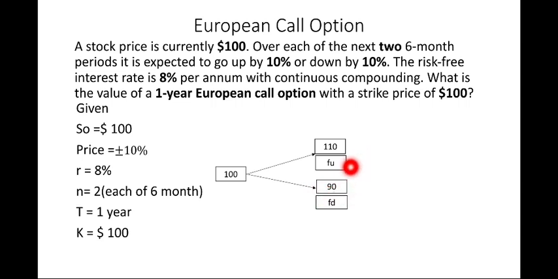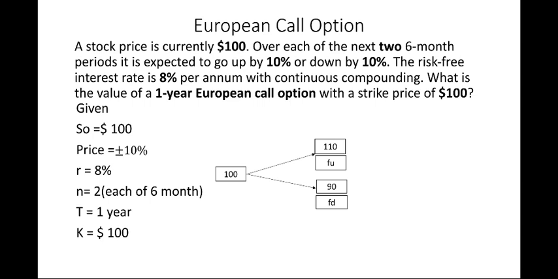The values of FU and FD we can calculate using the concept of a call option. As we know, a call option is exercised only when the spot market price on the date of maturity is greater than the strike price.